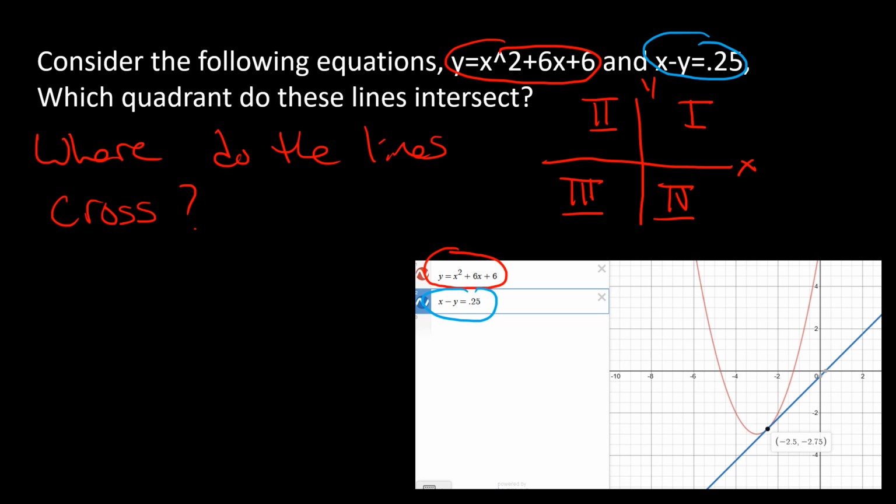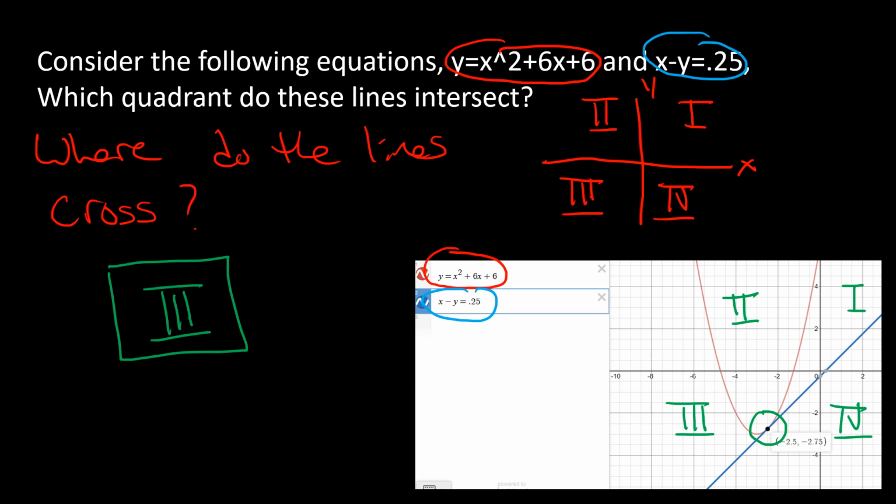And I'm looking for where they intersect, which is here. If we look at this quadrant system, this is quadrant 1, this here is quadrant 2, this here is quadrant 3, and this here is quadrant 4. So as far as where our intersection is, we will be in quadrant 3. And that's how we would solve a question like this.